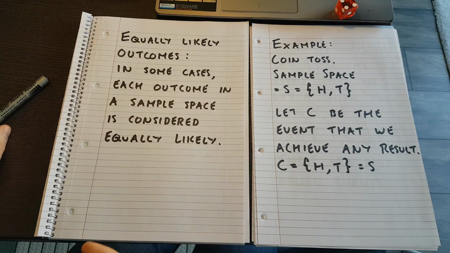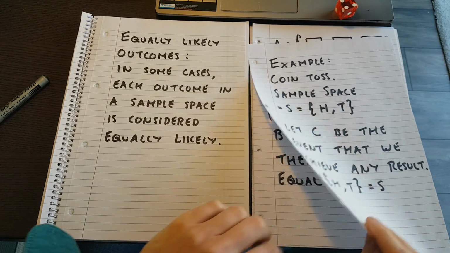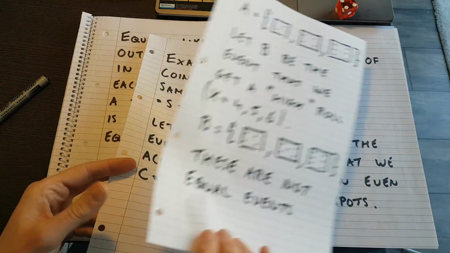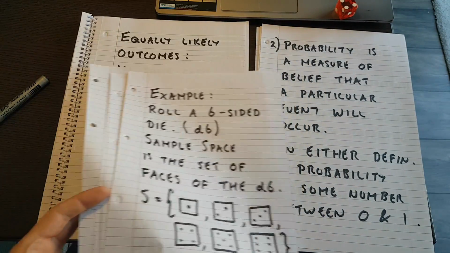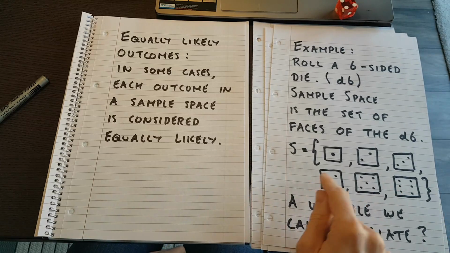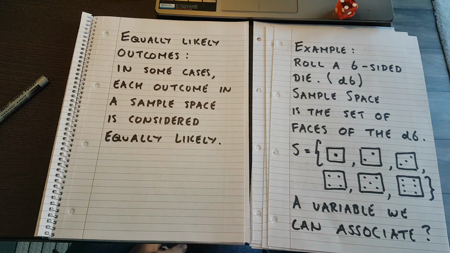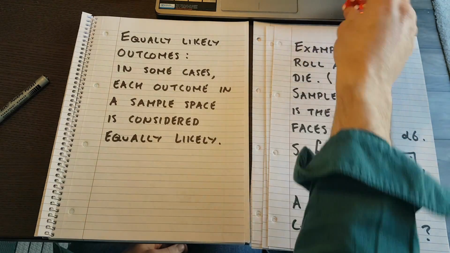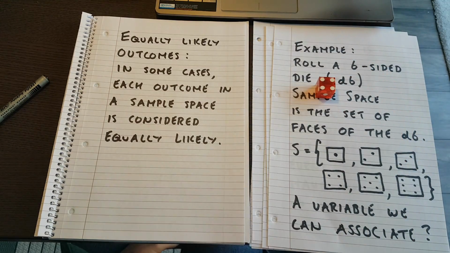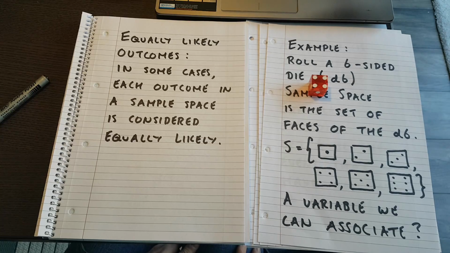That would mean that there'd be no particular favoring or bias towards achieving one particular outcome. So remember, let's go back here to my dice roll set. These are my set of outcomes, the six different faces of the die. And if the die is fair, that is, if it doesn't favor any particular face, then I would believe that these are all equally likely.